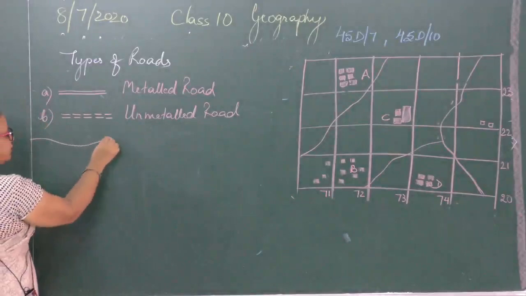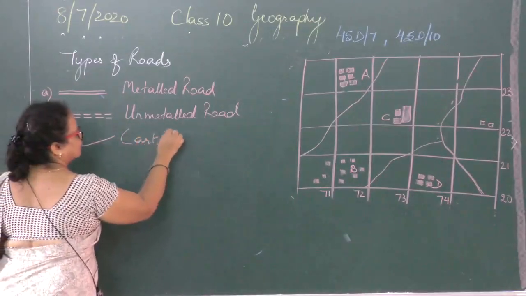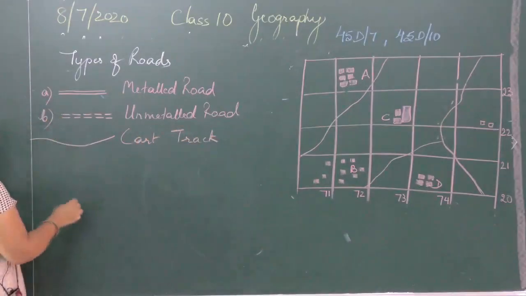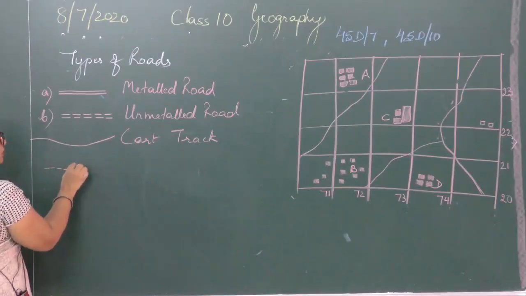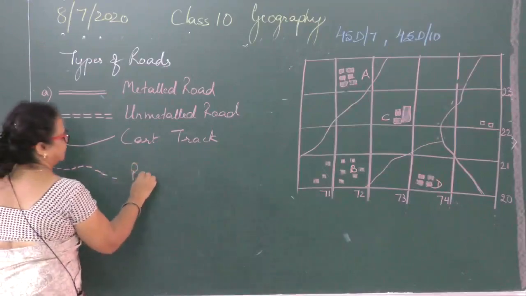Then any kind of single red line is a cart track. When the line is broken like this, this is a pack track.